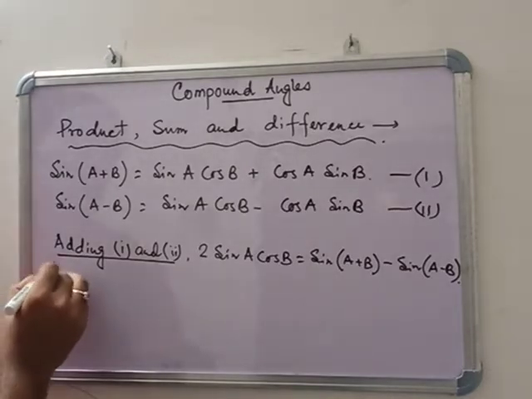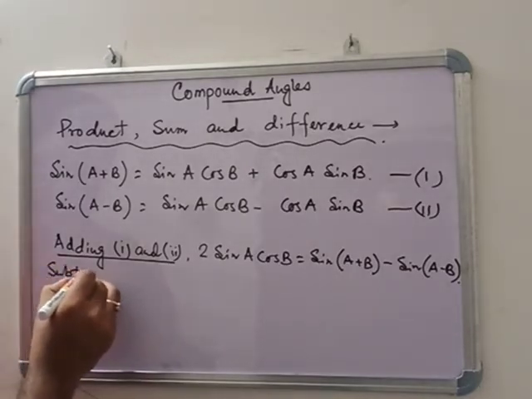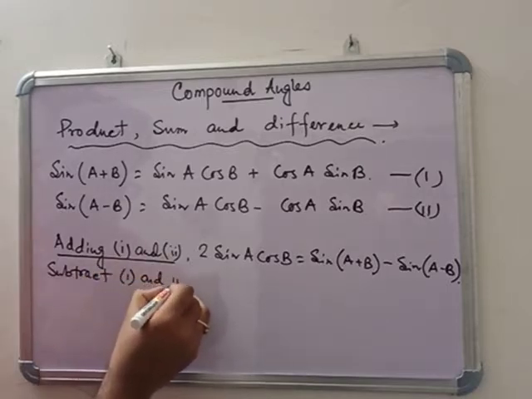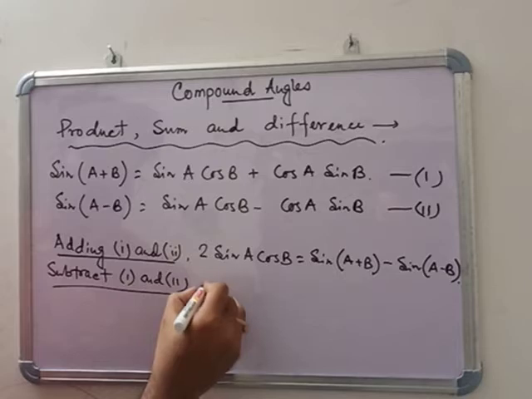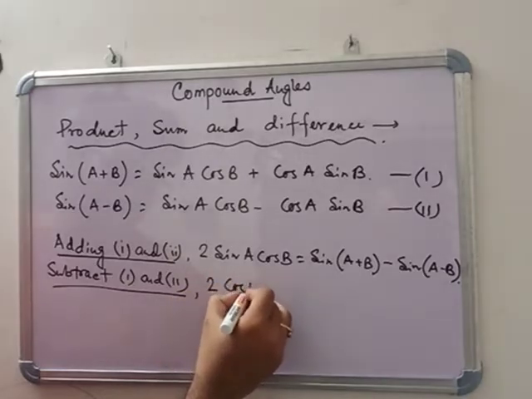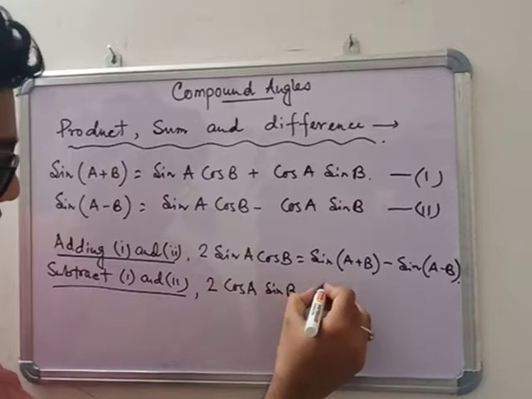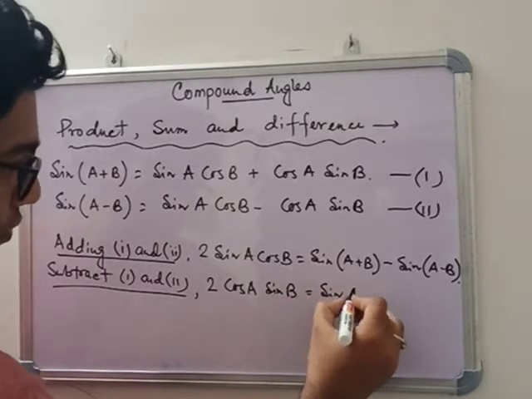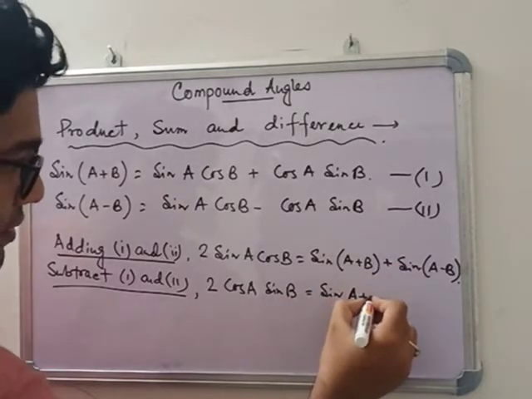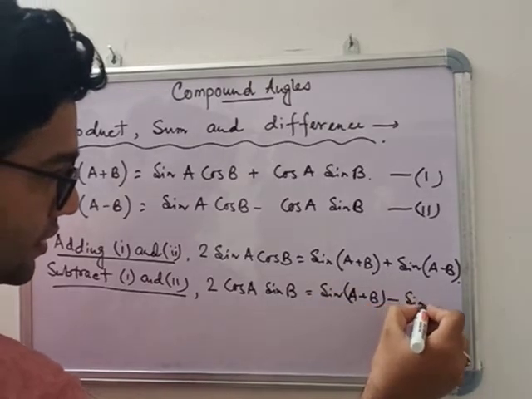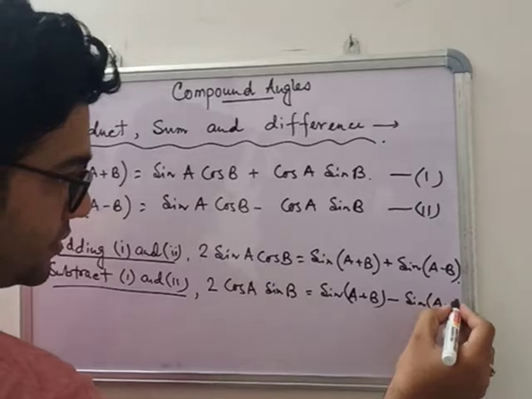Similarly, if we subtract 1 and 2, we get 2 cos a sine b equals sine of a plus b minus sine of a minus b.